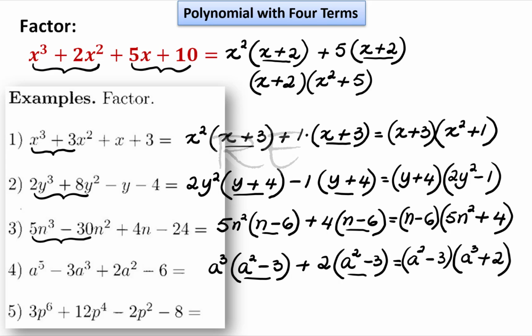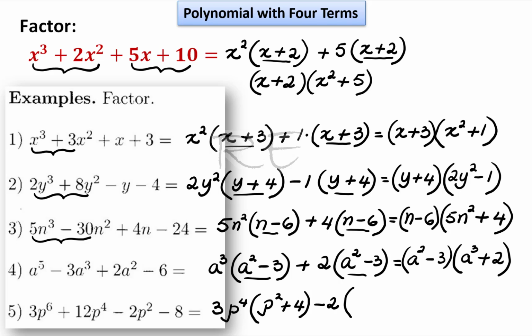Between 3p to the 6th and 12p to the 4th, the GCF is 3p to the 4th. The second factor, p to the 2nd plus 4. We're going to factor the negative coefficient. -2 is the GCF.